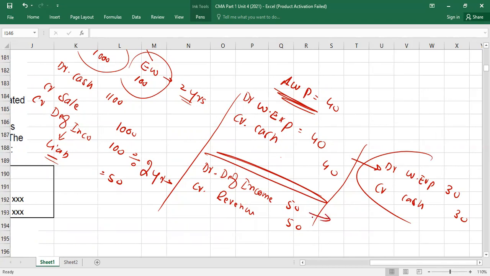But this second entry you need to pass again, because this deferred income should be taken to revenue over the warranty period. Again, we will repeat the entry: debit deferred income and credit revenue by the remaining $50. That's it. This is what is called your service type warranty.